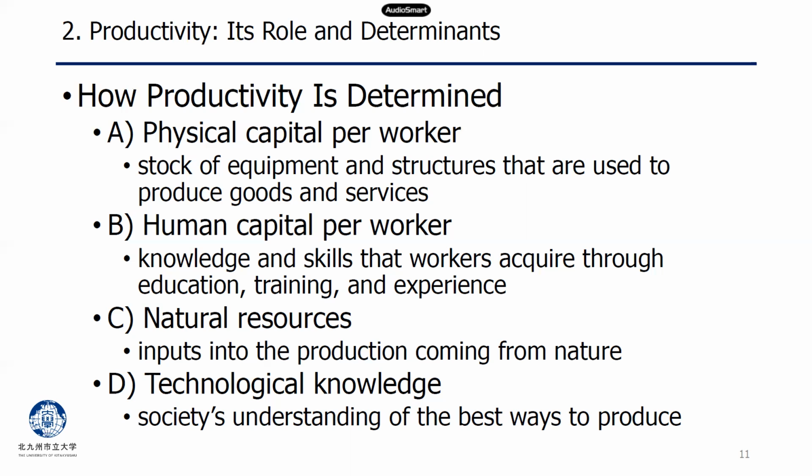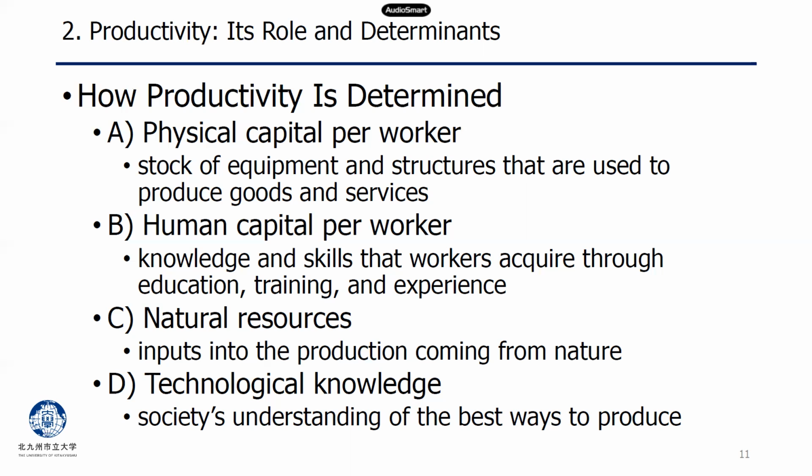And that makes the difference of the human capital per worker. There are countries where lots of people cannot read books, and their productivity will be different from people who can read and write. So that's called the differences in the human capital per worker.